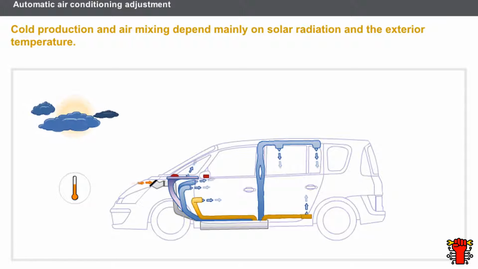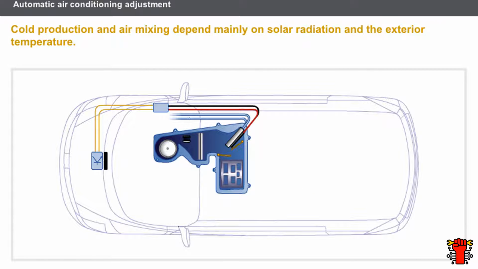If the exterior temperature varies, the external temperature sensor communicates this to the computer. The exterior temperature variation affects the blown air temperature instruction calculation. The computer adjusts the compressor flow and controls the mixing motors to increase or lower the blown air temperature.